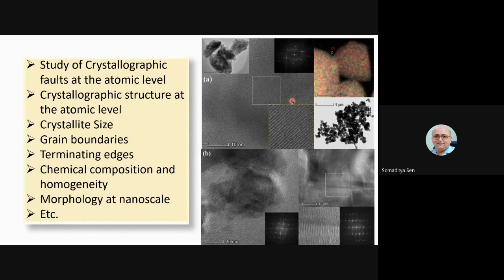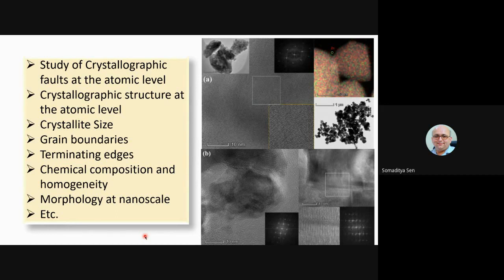I believe I have told you about the strain and how it can be seen. All these strain-generated things, the grain boundaries, or the terminating edges. I don't have a picture right now, but if anyone is interested, you can contact me and I'll show you some images where the termination of grain boundaries happens.